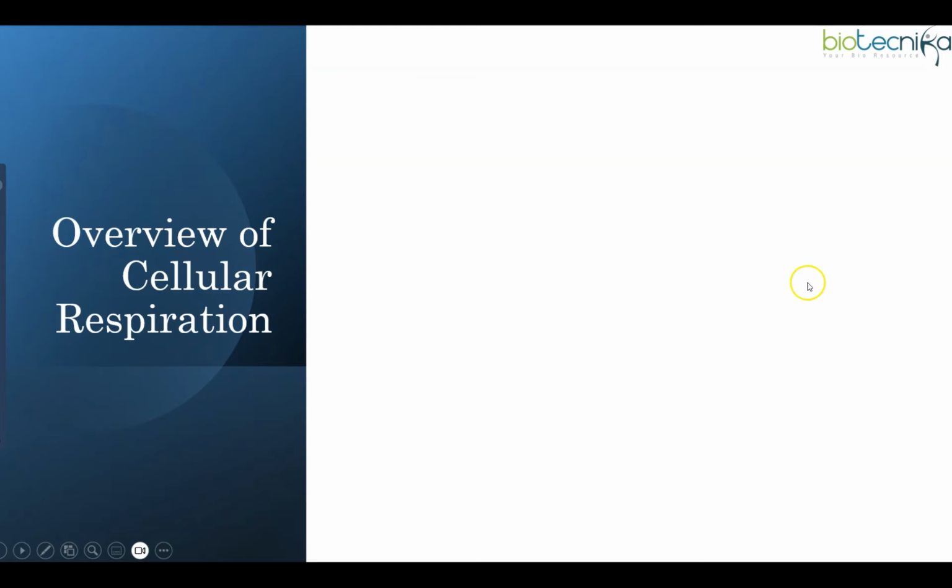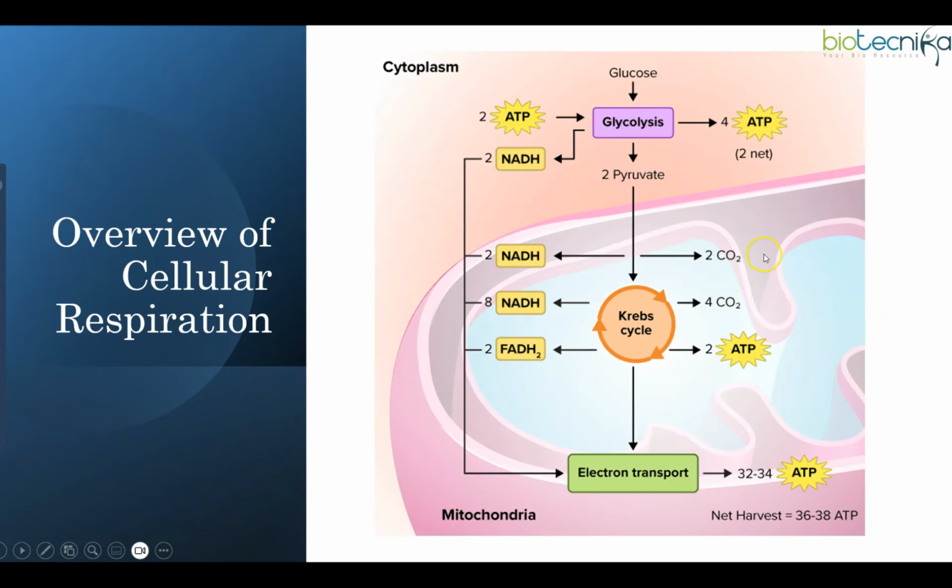First, we will look at cellular respiration. This is the overview of the process. As I said, the raw materials for cellular respiration are oxygen and glucose. Whenever we consume glucose, it undergoes glycolysis, in which it is broken down into pyruvate molecules.